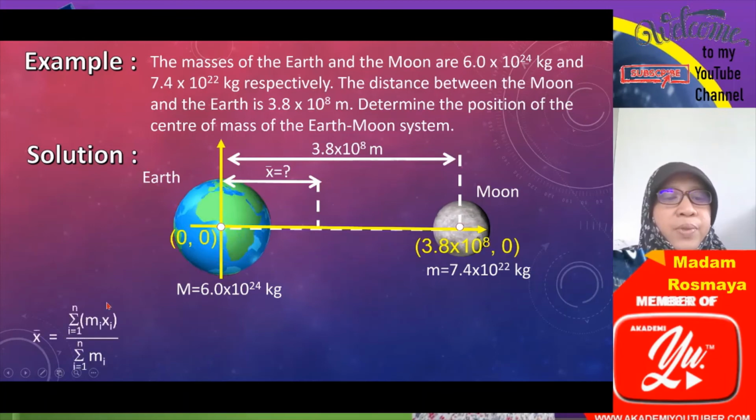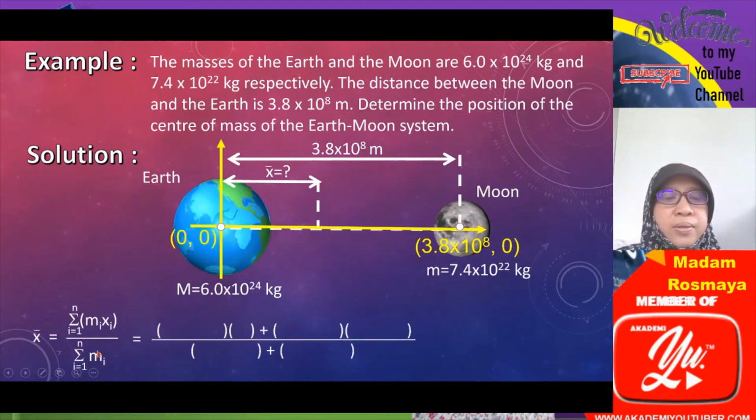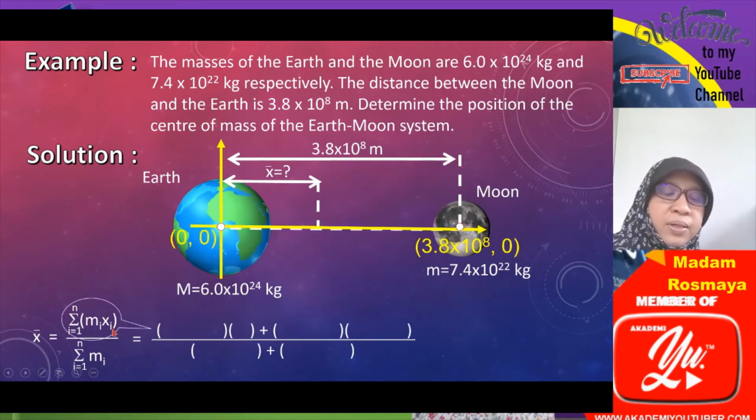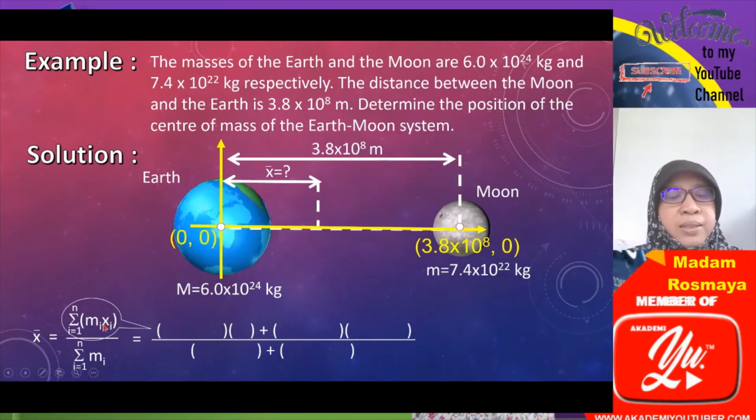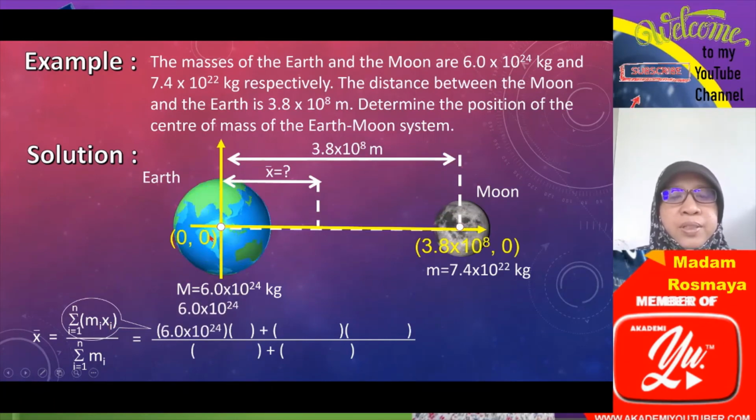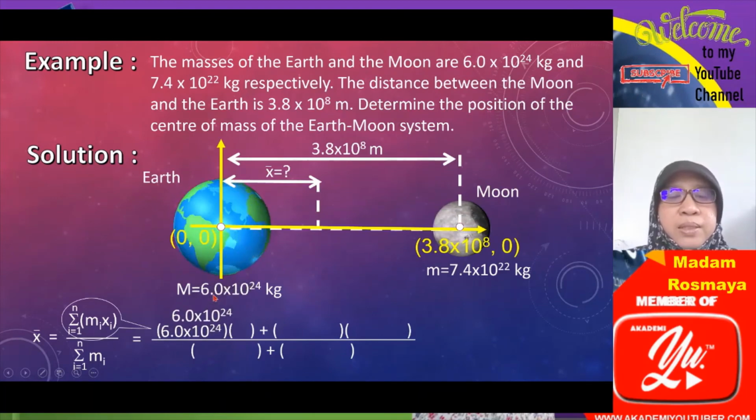For bar x, we find the mass times x for Earth first. The mass of the Earth is 6 times 10 to the power of 24 kilogram, and it's at the origin, so times 0.